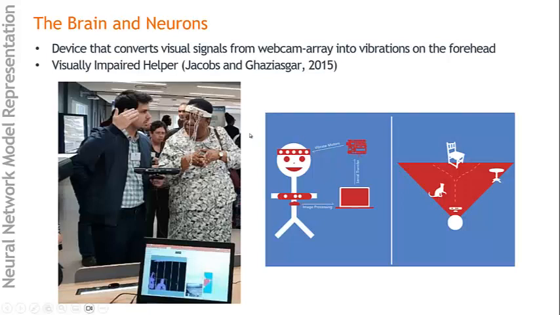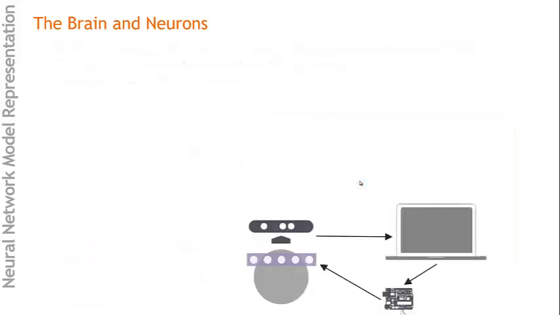Another example that converts visual signals to another type of signal is this apparatus that converts visual signals to vibration on the forehead. And this device can be used to identify the presence of objects and their motion. For example, if there's a table in the visual field that's stationary and far away, it's indicated by a single blinking light in the direction of the table.